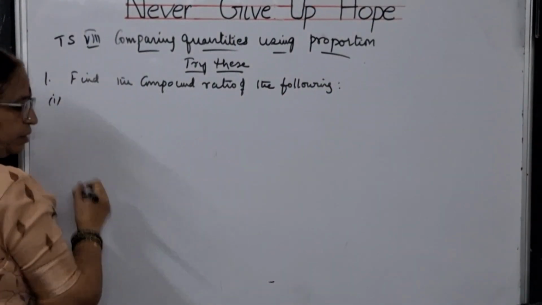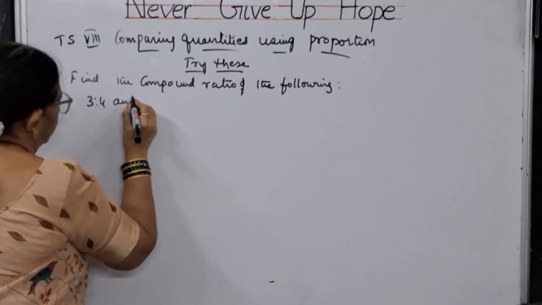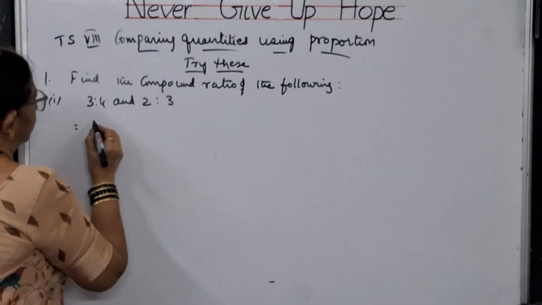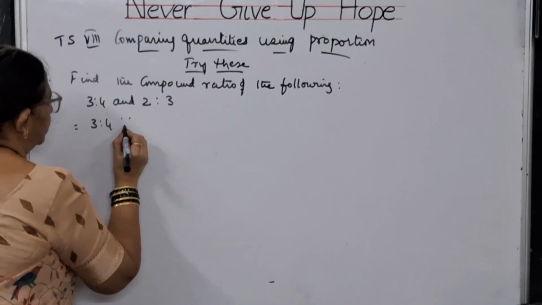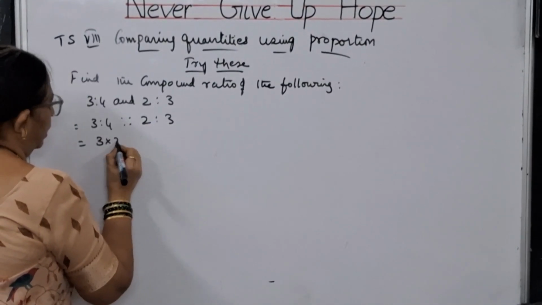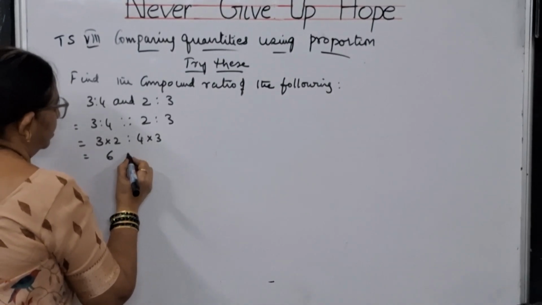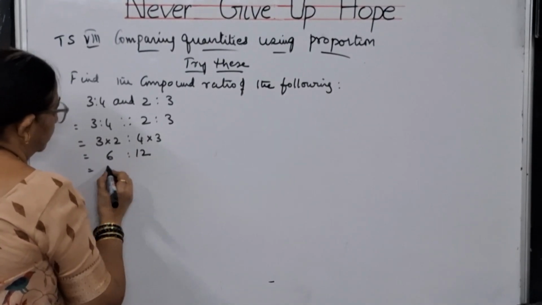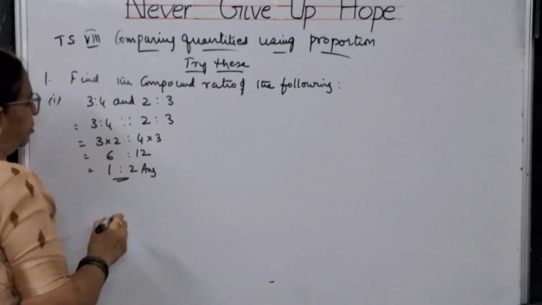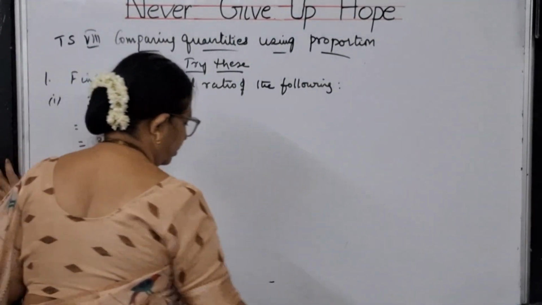The first bit is 3 is to 4 and 2 is to 3. So how will you write this? 3 is to 4 is as 2 is to 3. This is nothing but 3 into 2 is to 4 into 3. That is 6 is to 12. This can also be written as 1 is to 2. You can simplify 6 by 6 and 12 by 6. Okay, this is the first bit.